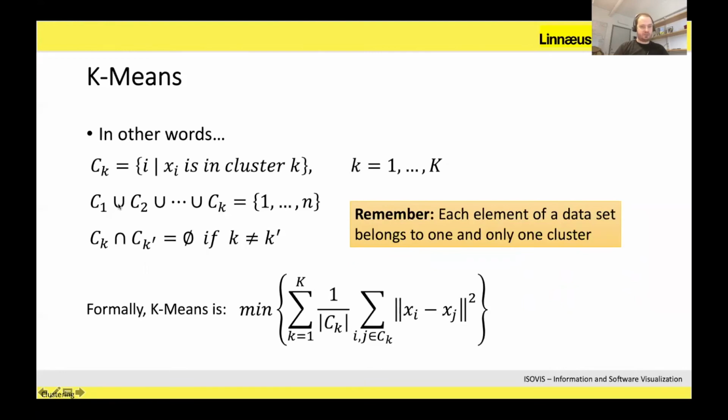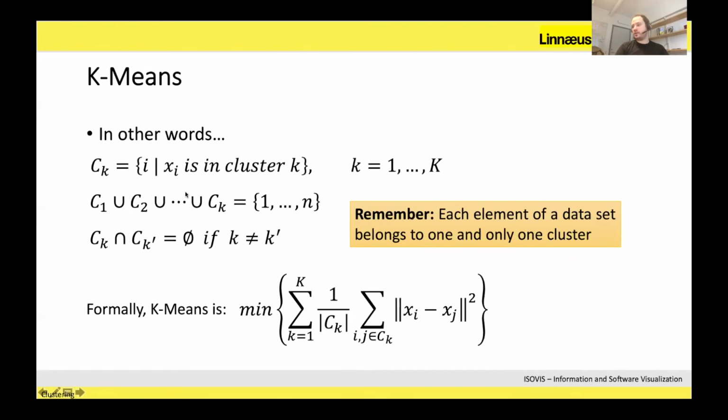To be very precise, the union of these clusters equals the set of all available points from 1 to n, and the intersection between these sets of points, which are the clusters, is empty if k is different than k'. So if you look at 2 different clusters, they have no overlap, and every point is in a cluster. There are no points left out of clusters, and there are no points in 2 clusters at the same time.